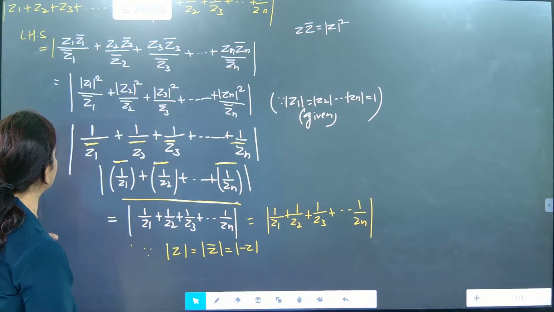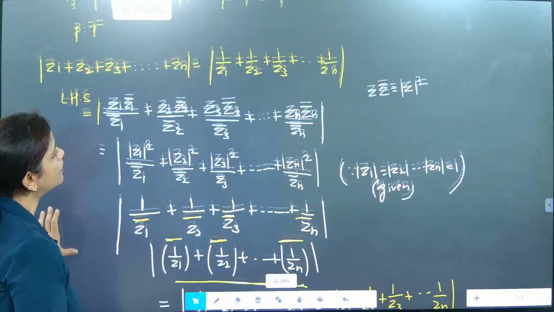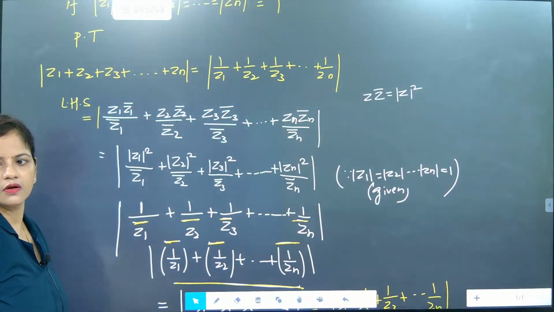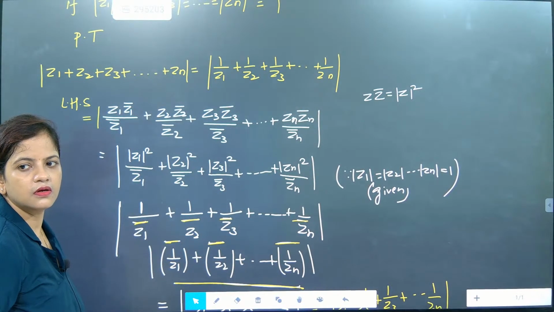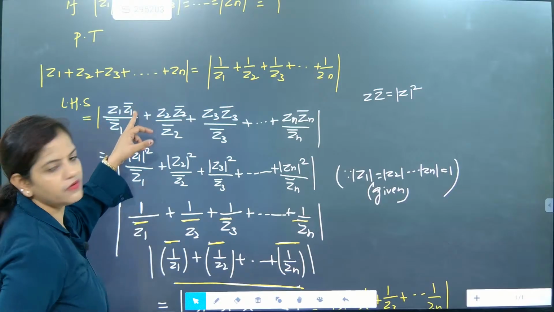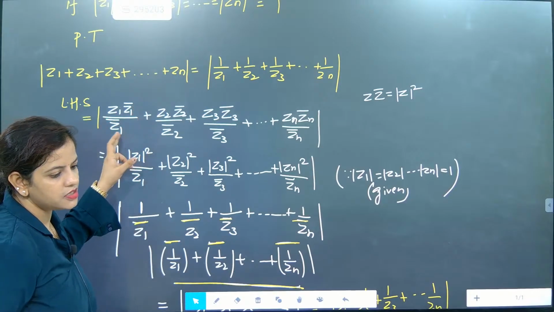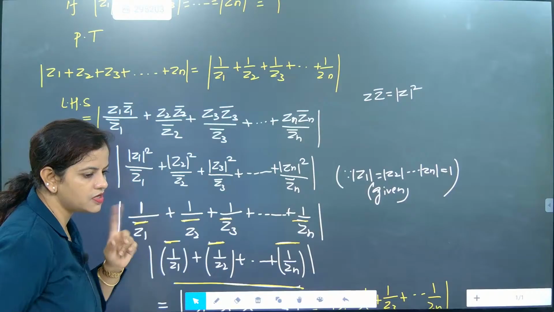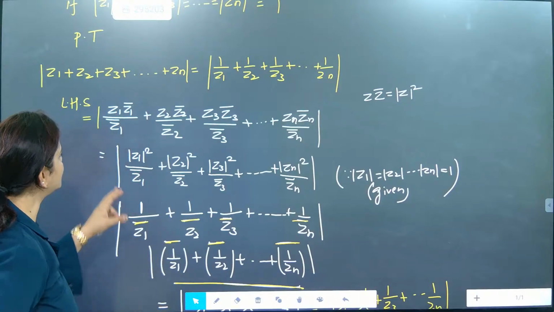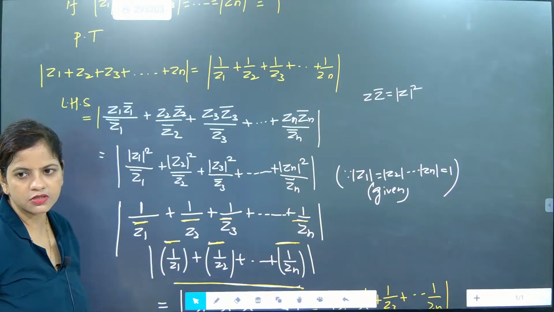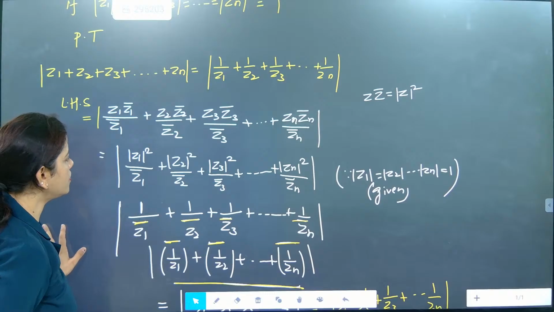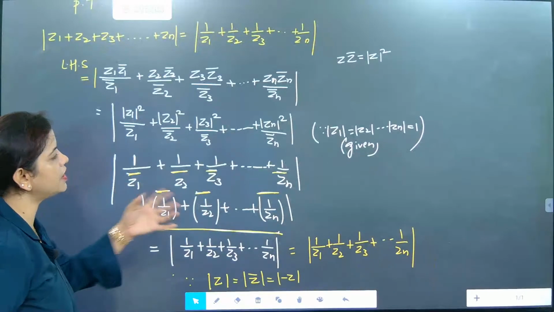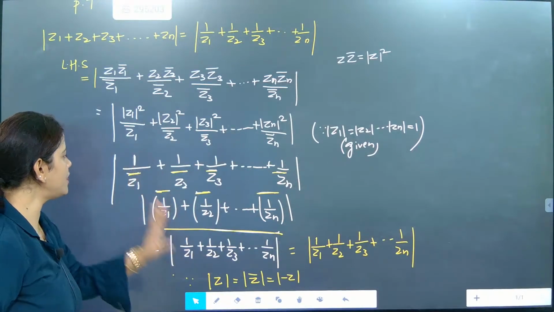Nishika, did you get it? What did you do? Understood. So first Z1, Z2 complex multiplication, that was our first duty. After that, converting it into modulus, second duty. In the question itself, they have given modulus part equal to 1.